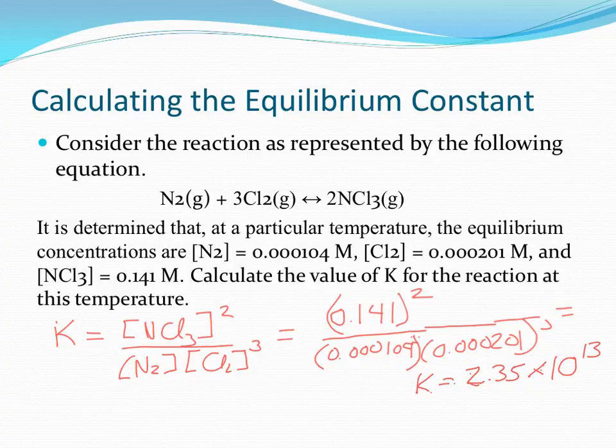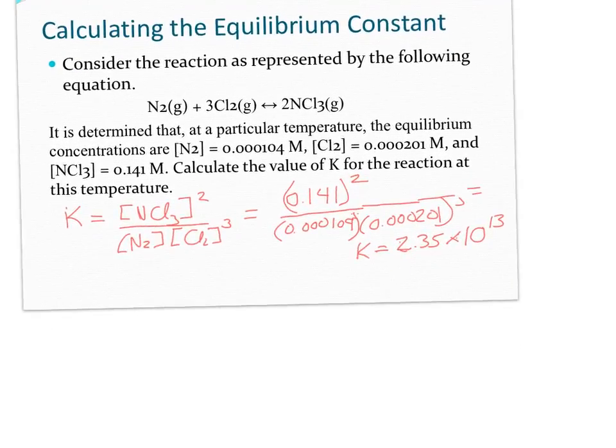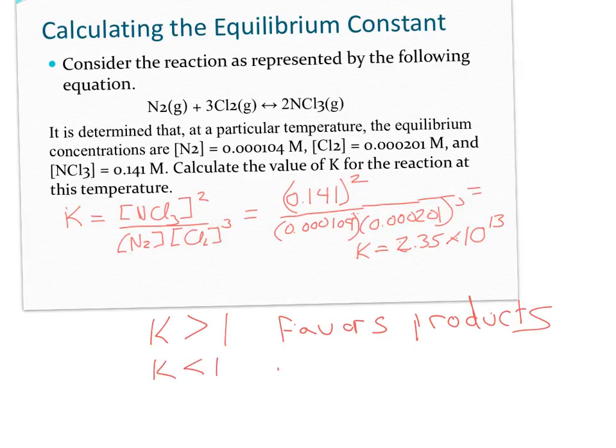So typically, if K is greater than 1, that means it favors products, or I have a greater percent of products made than reactants. If K is less than 1, that means it favors reactants, or lies to the left.